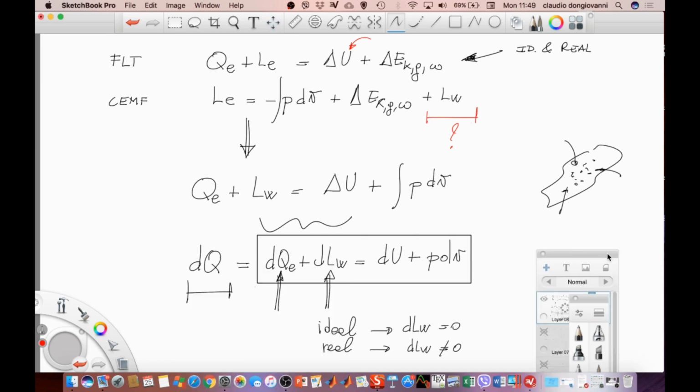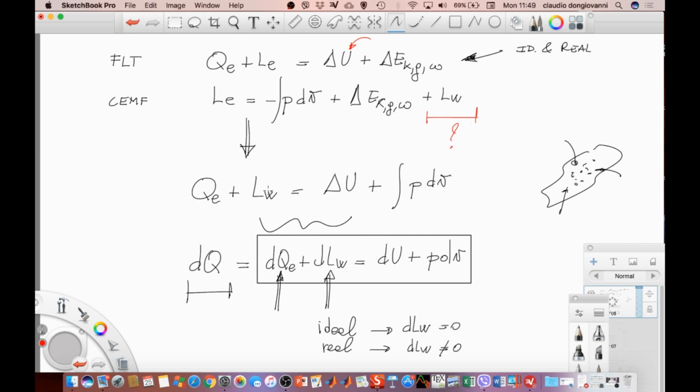And are there particular restrictions for this representation, for this formula? Do you remember restrictions? Is it always true, or sometimes not valid? Closed system, but it can also be applied to an open system.